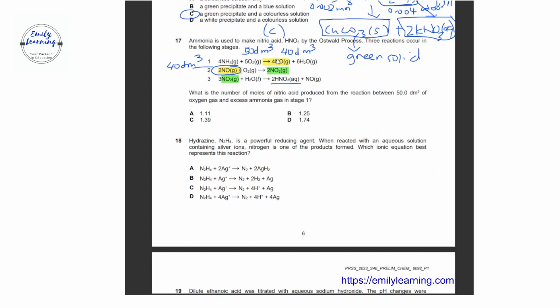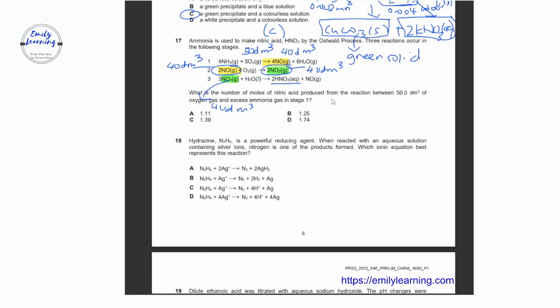So the 40 dm³ of NO that is being formed will be used for reaction 2. Because the mole ratio of NO to NO2 is 2:2, if you have 40 dm³ of NO, you also have 40 dm³ of NO2. So now we have reached 40 dm³ of NO2.